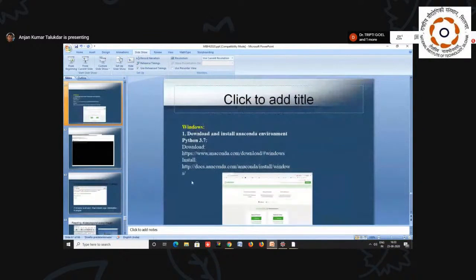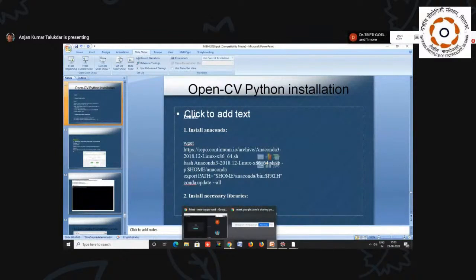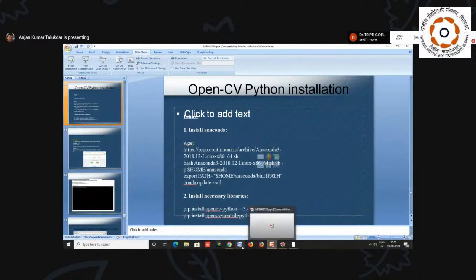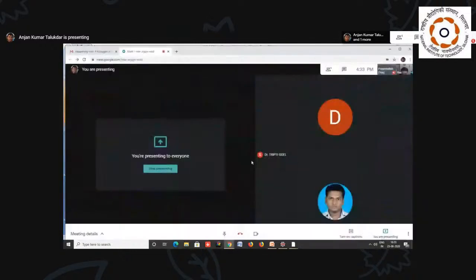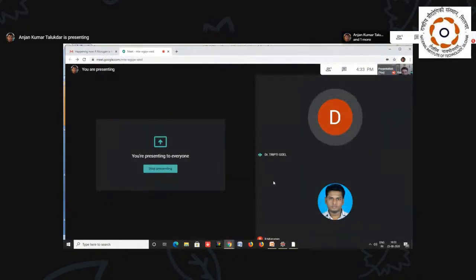Now for any query, sir, only two queries were there. How many seconds does the computer take to detect the hand gestures?